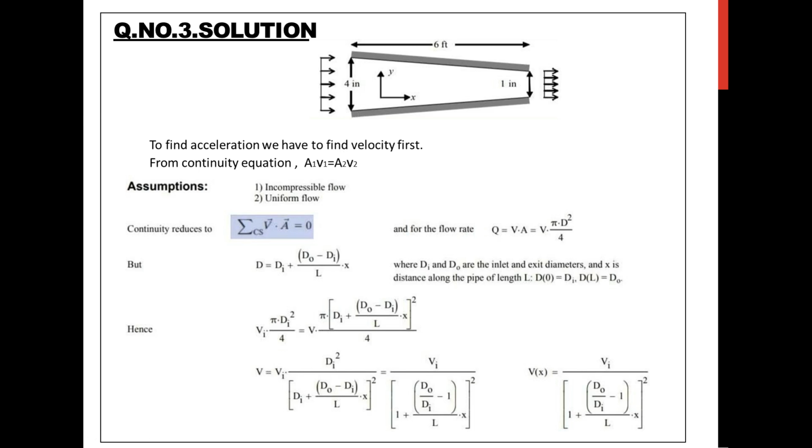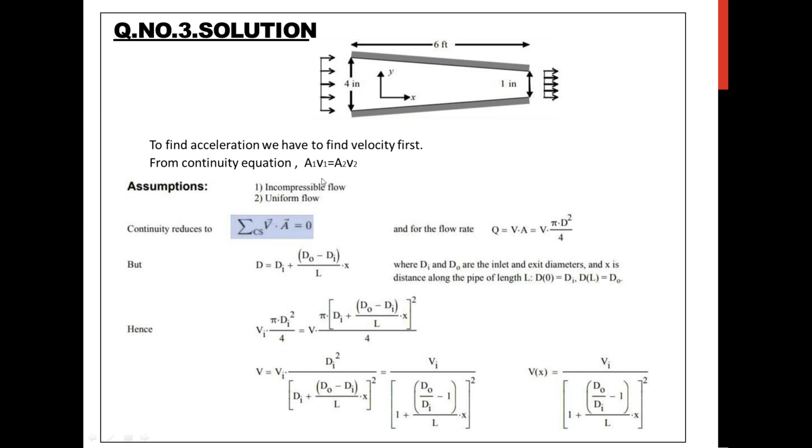And also take vi and ai as the inlet velocity and inlet area, and vo is the velocity at the exit. Now we know the formula of area, A equal to pi d square by 4.